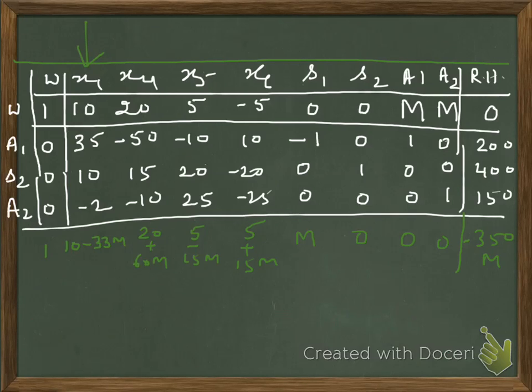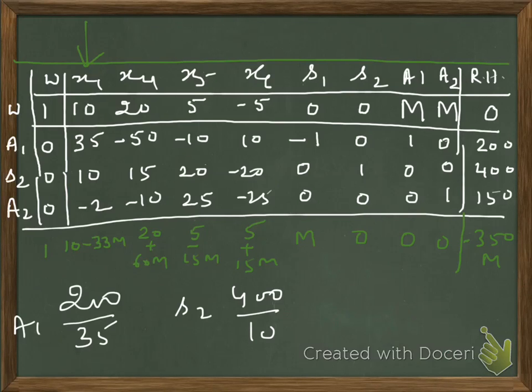So x1 will be entering the basis, and to find out which one will be leaving the basis, you will have to divide right hand side values by pivot column values. So you get 200 divided by 35 from the A1 line, and from the S2 line you get 400 divided by 10, and for the A2 line, since the coefficient is minus 2, we don't use negative coefficient or zero coefficient for the division, because a negative value indicates that the raw material is actually a byproduct, it is not being consumed in the production of that product.